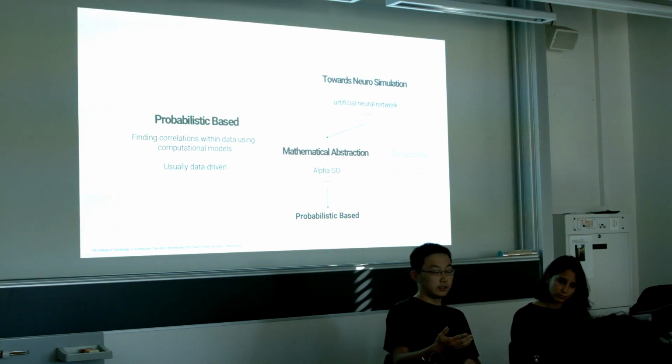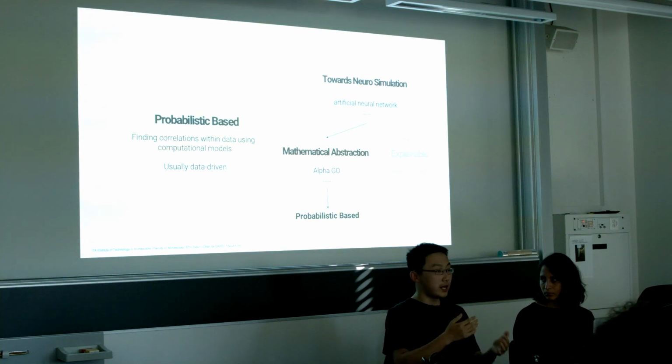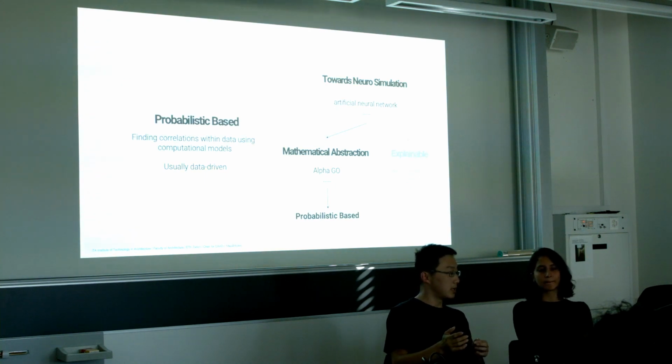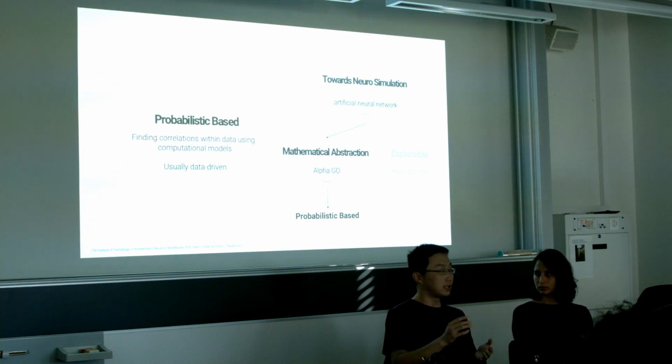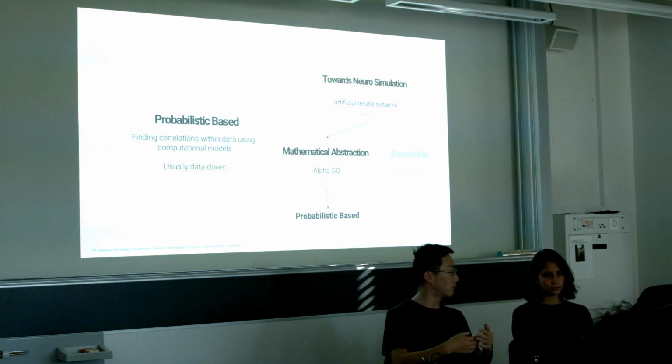This branch was also supported a lot by the advance of proper training algorithms, which I will briefly talk about in the following slide. It is also worth mentioning that this branch is always probability based and data driven, because you learn the probability from data, not from predefined rules.